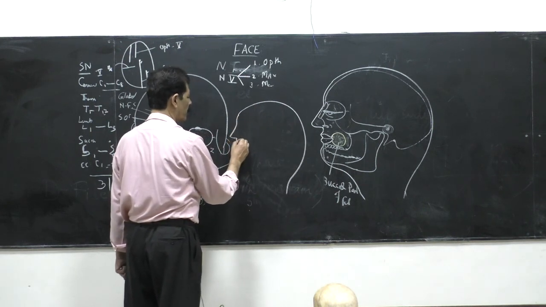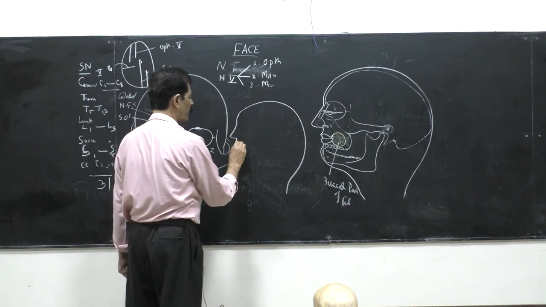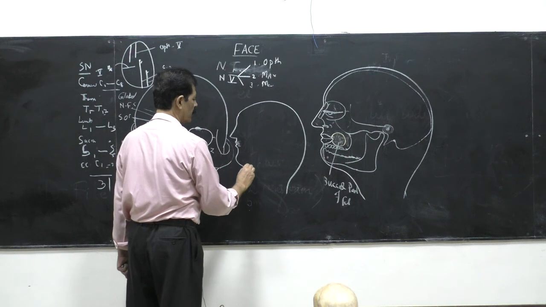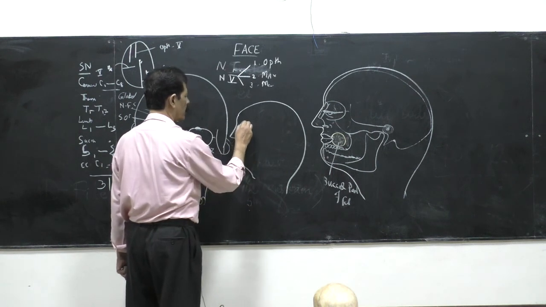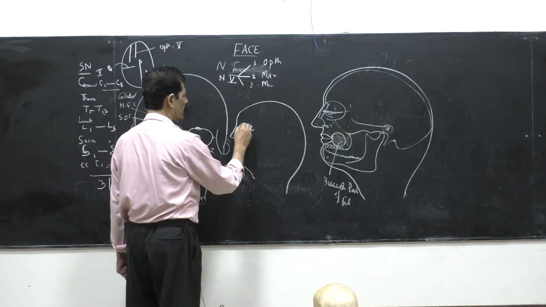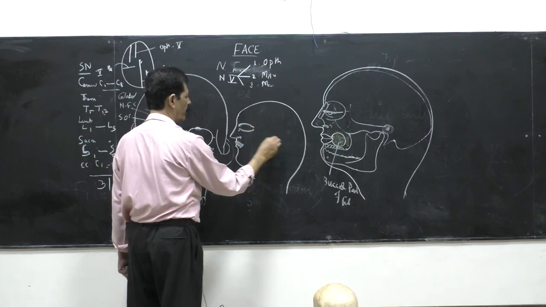This is a very important diagram: the sensory nerve supply of the face. How the skin of the face is supplied.